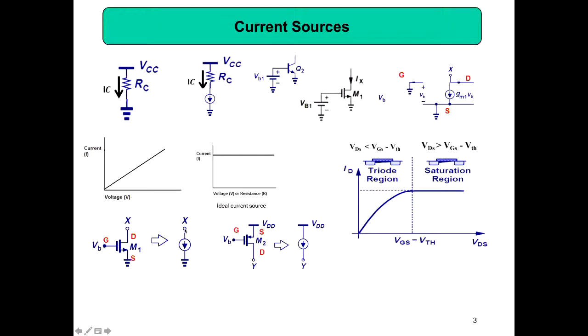One is starting from X to the ground, another from VDD to Y. So what is the difference? Any difference apart from the drawing?